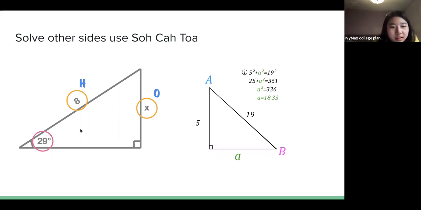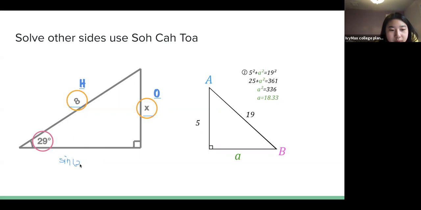Okay, they already circle your opposite and hypotenuse. So we know that this is a sine problem, since sine is opposite over hypotenuse. O represents opposite and H represents hypotenuse.